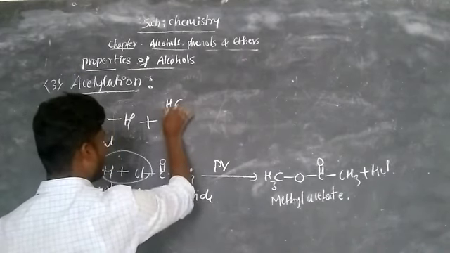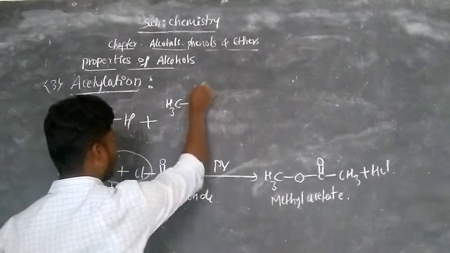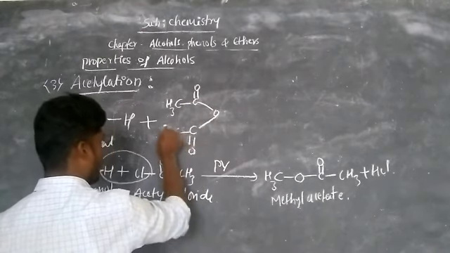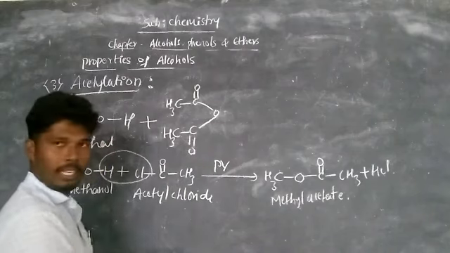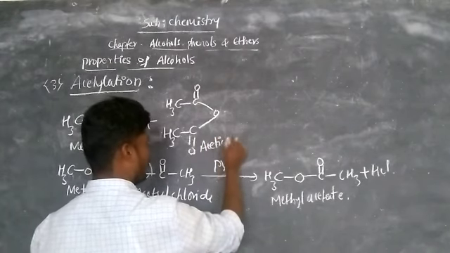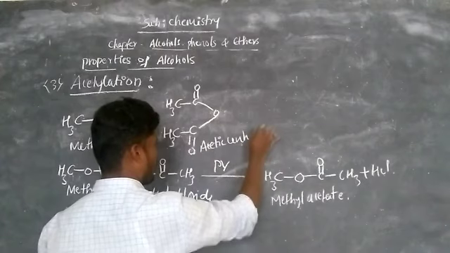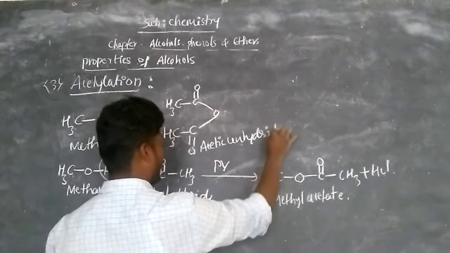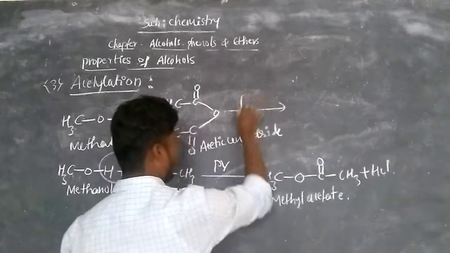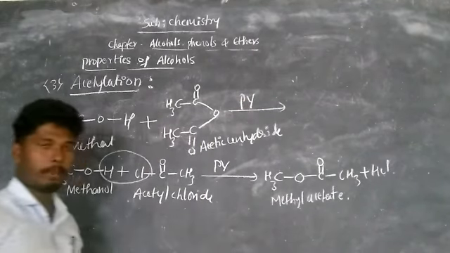The acetic anhydride is CH3 C double bond O bond C double bond O CH3. So this is the acetic anhydride. These are the compounds of anhydrides. This anhydride also reacts with alcohol in presence of base pyridine.